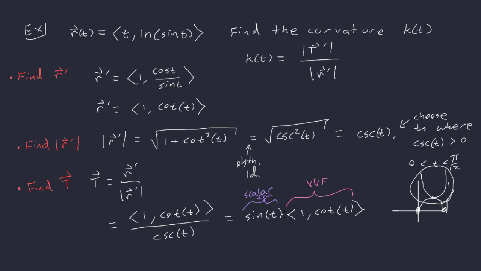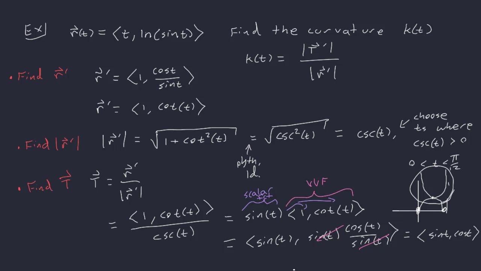So you can bring this in term by term, and now I have the vector-valued function sine t, comma, sine t times cotangent t. Well, cotangent is not sine over cosine, but cosine over sine. So we'll just cancel those sines, and we end up with the vector, finally, sine of t, cosine of t.